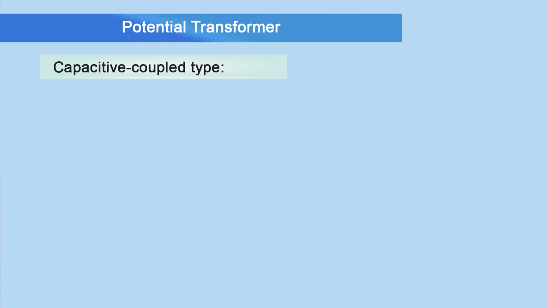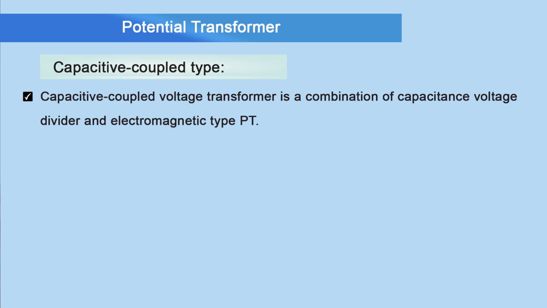Now we have the capacitive coupled type. The capacitive coupled voltage transformer is a combination of a capacitance voltage divider and an electromagnetic type potential transformer. So this is the capacitive coupled type potential transformer.